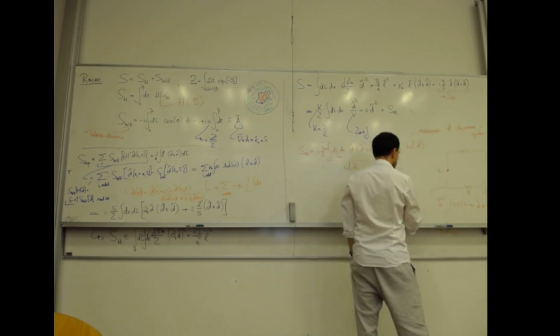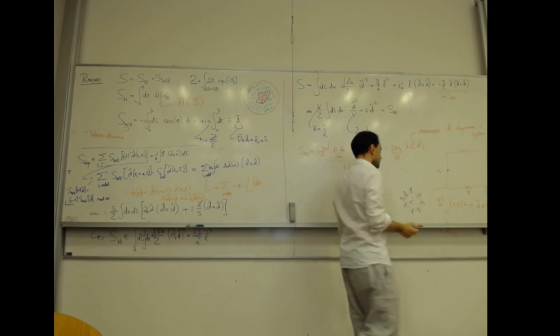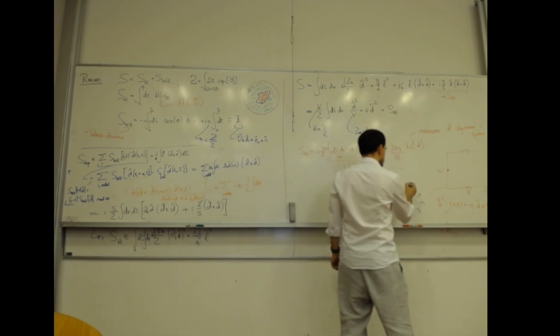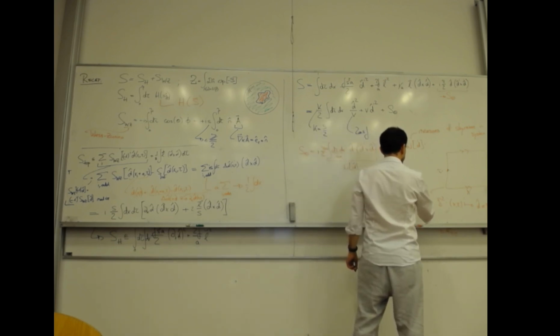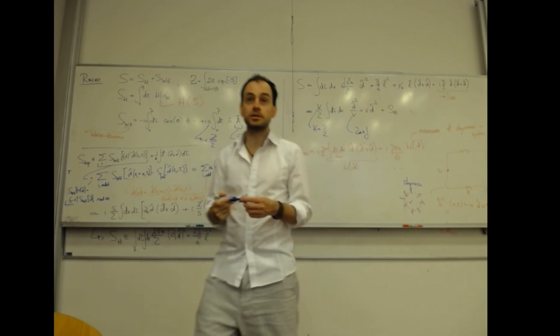And what you can do is, if this is my space-time, I can say at each point in my space-time I have a unit vector, and the skyrmion corresponds to the hedgehog. So if I have a configuration where I have hedgehogs, then this is good. This is another way of saying what I just said.